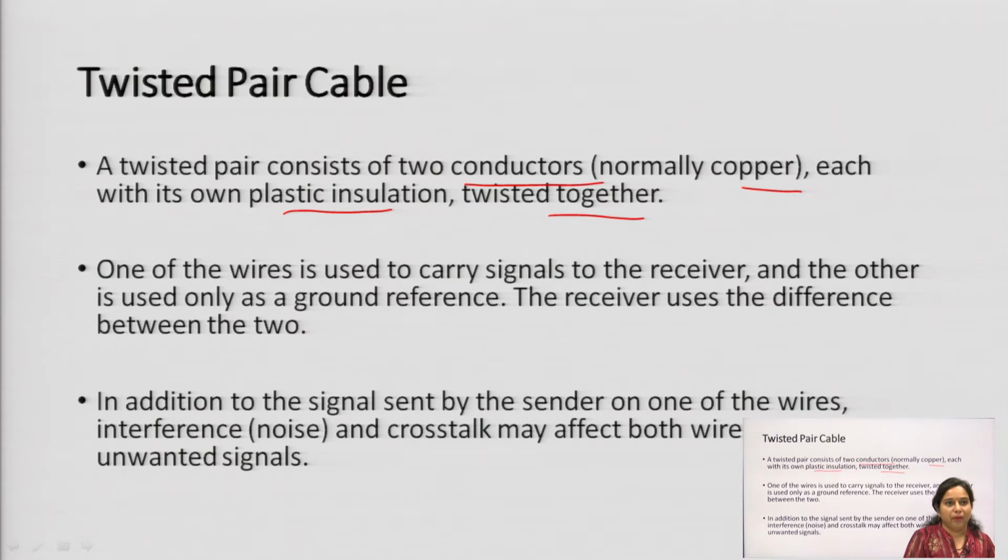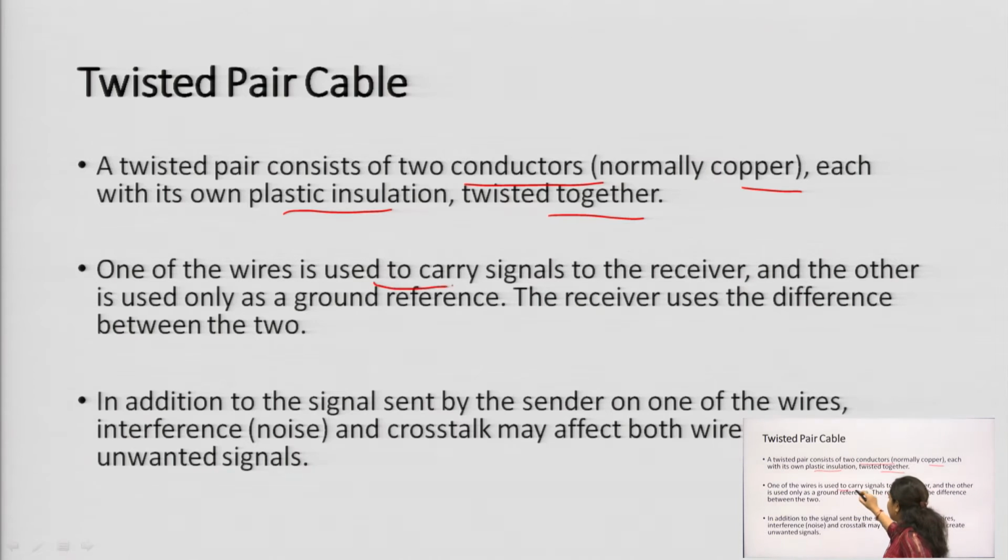This is the simplest kind of construction of a cable, and it was used in earlier days for transmission of voice signals only, or for transmission of electric signals of very low strength. That is why it is able to withstand that particular strength of signal, and that is why the twisted pair cable is used.